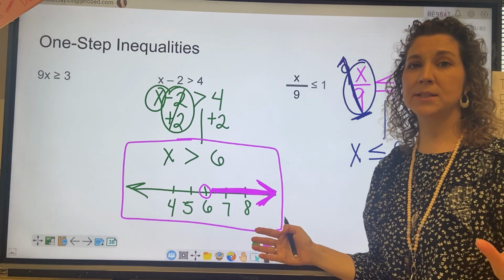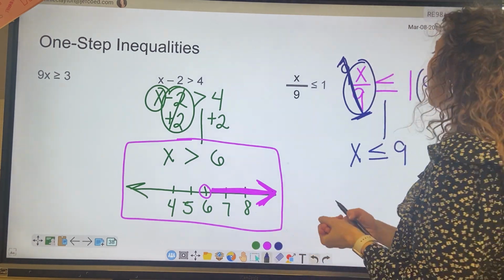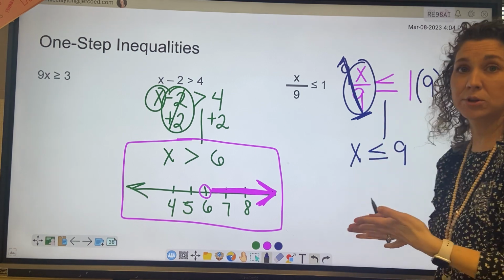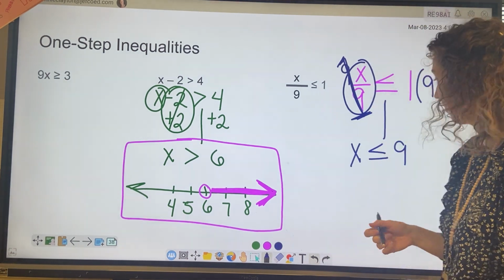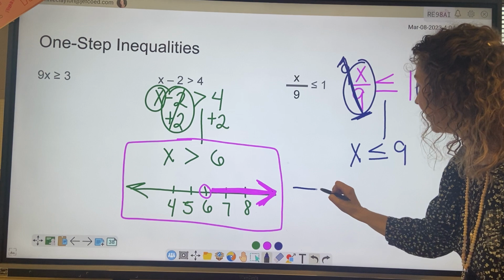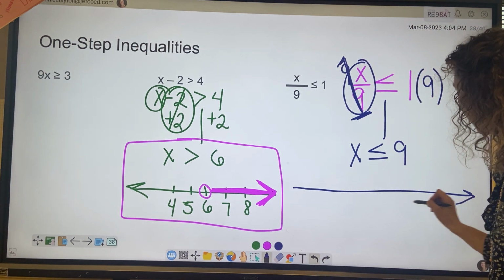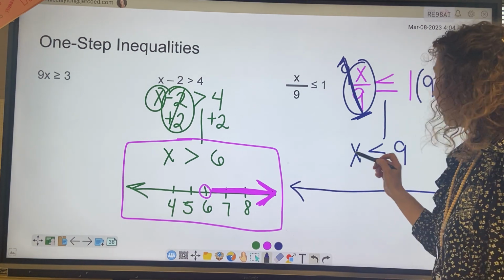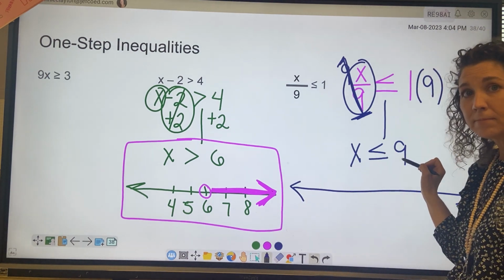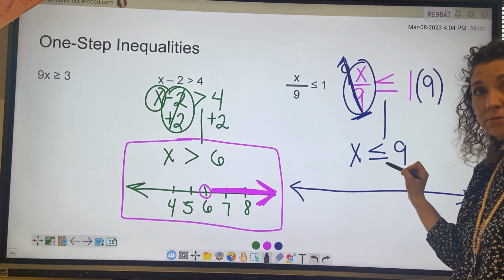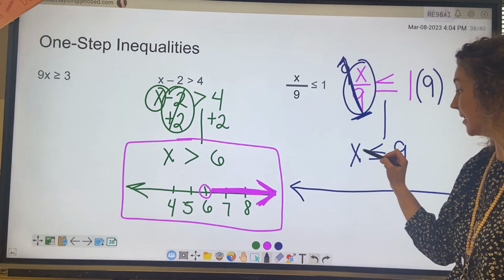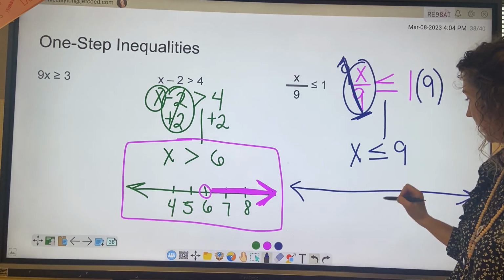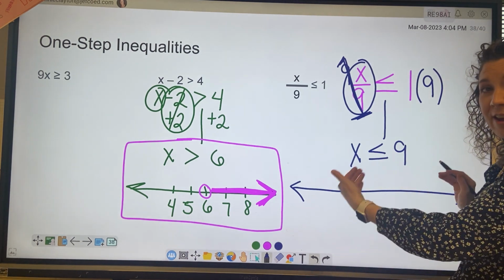Just like solving the one-step equations, except we are using this symbol, less than or equal to, instead of the equal to sign that we were using yesterday. Now we're going to graph it on a number line. Because X can be a million different numbers. X can be 9. X can be 8. It can be 8.5. It could be 7. It could be 6. It could be 0. It could be a negative number. So many numbers. Okay, on my number line, I've got to create the number line.